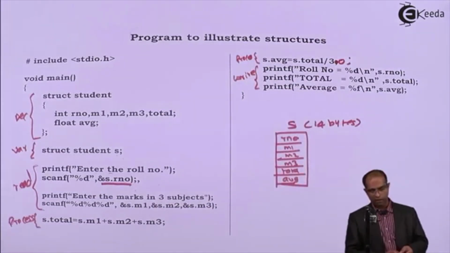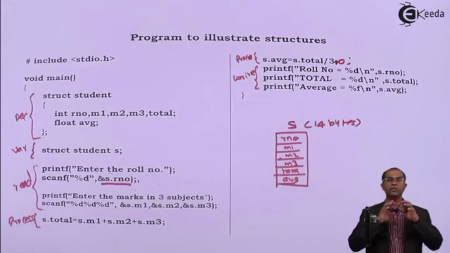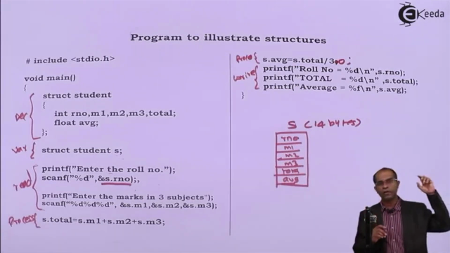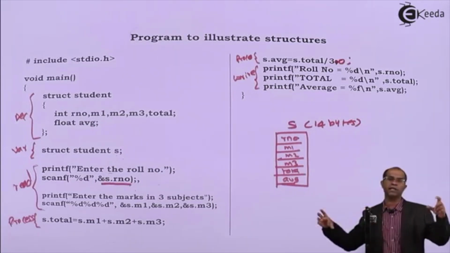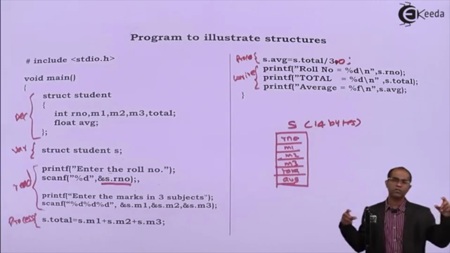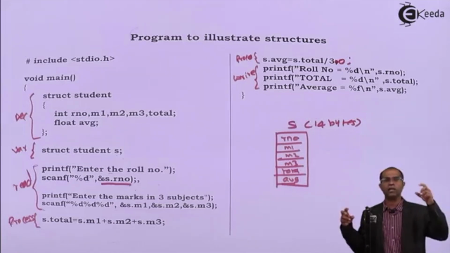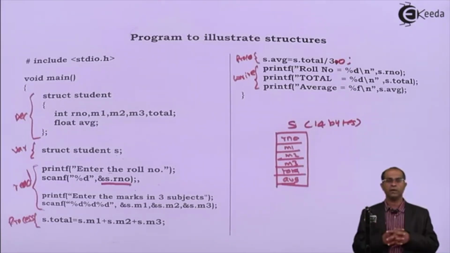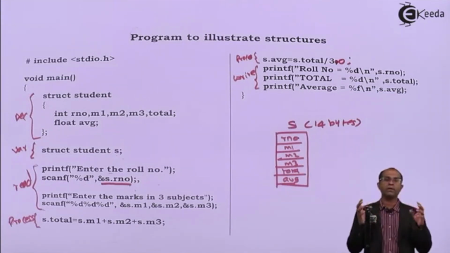So here I have 4 distinct operations which have been done. First declare, then create variables, then do read, then write the values. If there has to be some processing, it has to be done after reading and before writing these values.